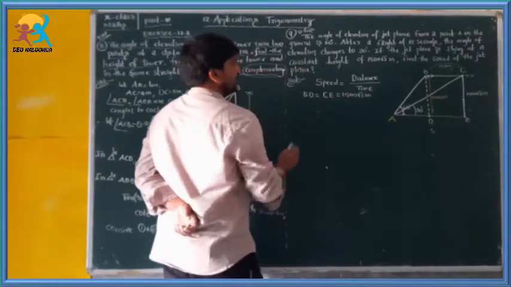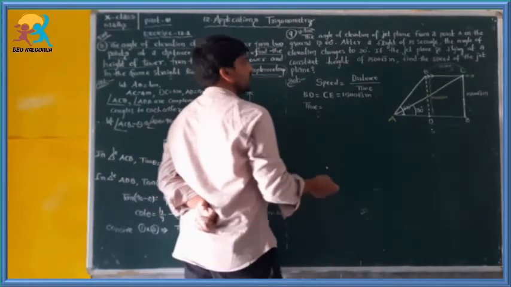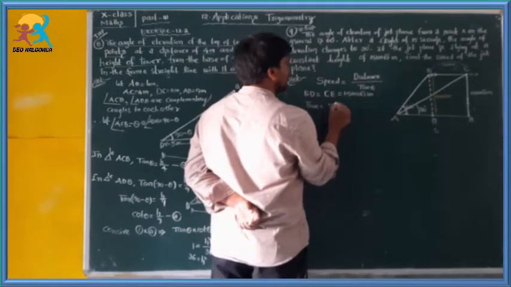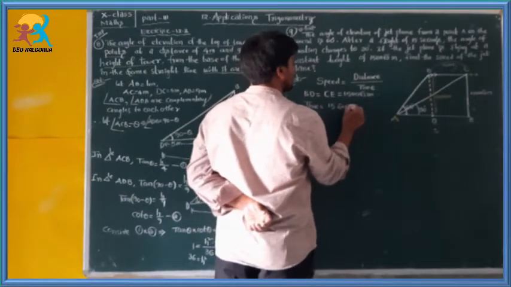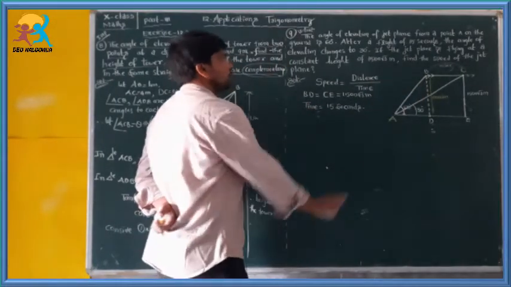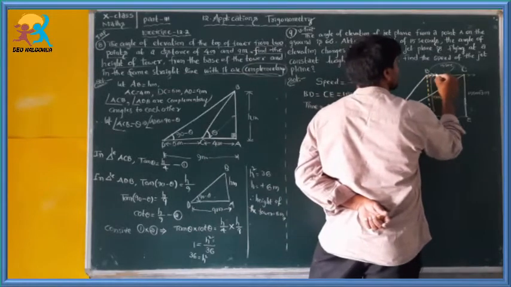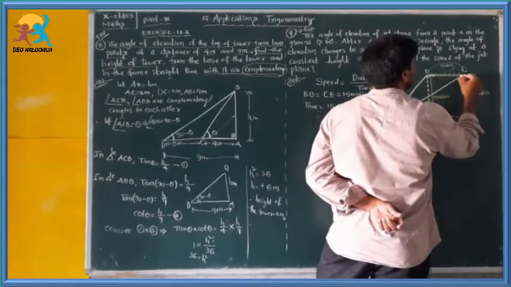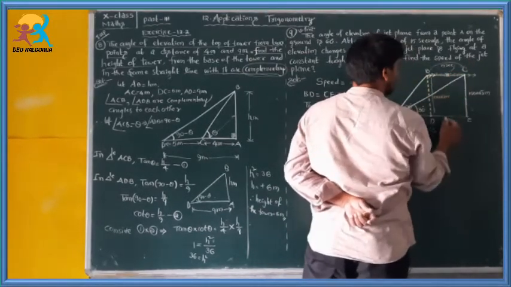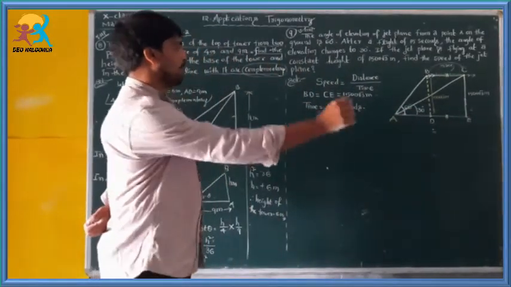And time is given: to travel from B to C, the jet flight takes 15 seconds. So in order to find the speed, we have to find this distance BC. But BC is equal to what? DE. BC is equal to DE.